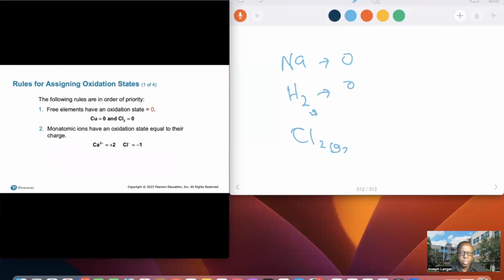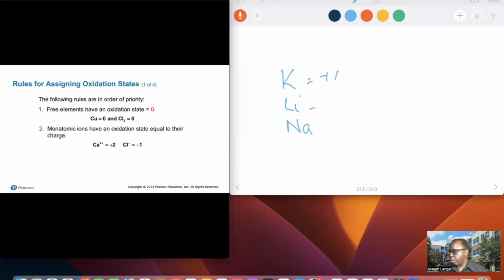Monoatomic ions have oxidation state equal to their charge, all right? Mono means one, it is not polyatomic. So if you look at calcium, it's in group 2, and potassium, lithium, sodium, all right? They all have positive 1. So I'll use the periodic table.